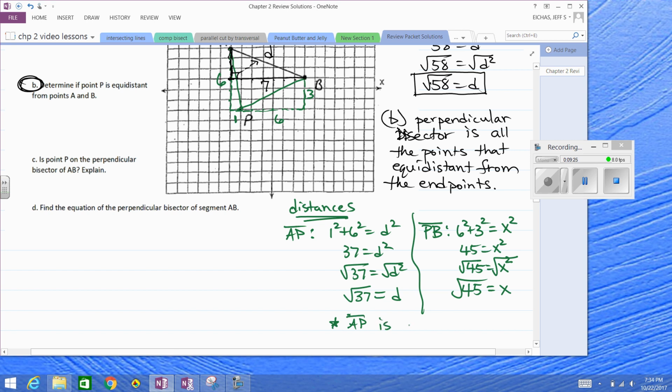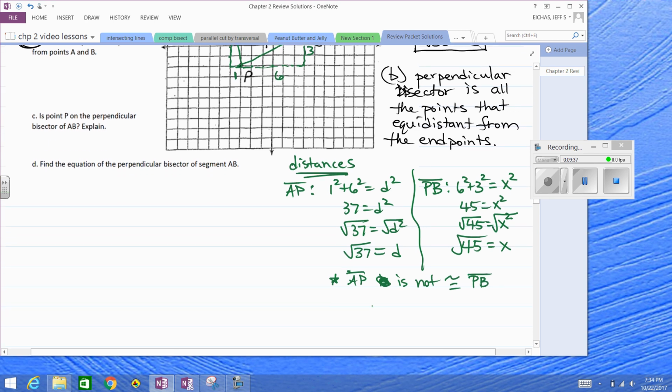So since AP is not congruent to PB, P is not equidistant from A and B. So that answers part B.